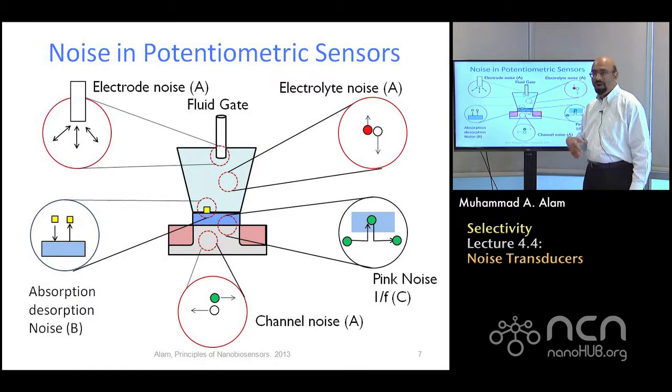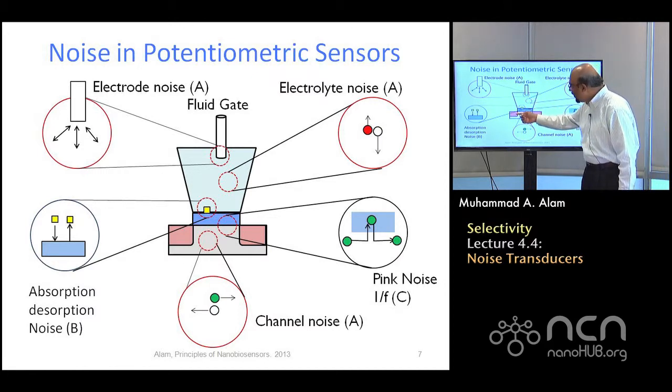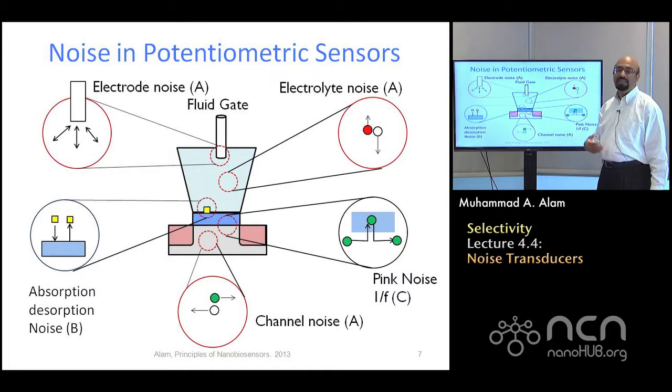And sometimes the box will contain X number of particles, sometimes X plus 5 particles, sometimes less. And so this would be called an electrolyte noise. And because of the electrolyte noise, of course, there will be a corresponding fluctuation in the channel current, right?